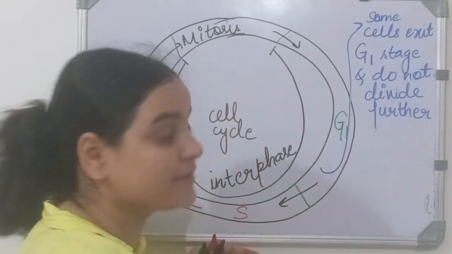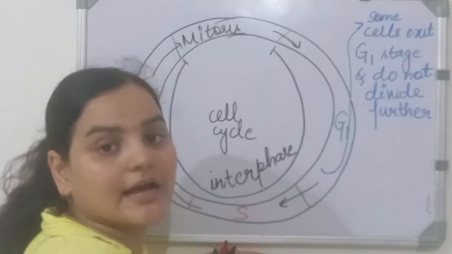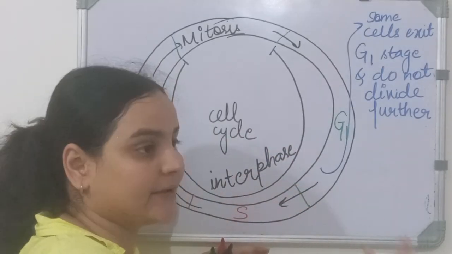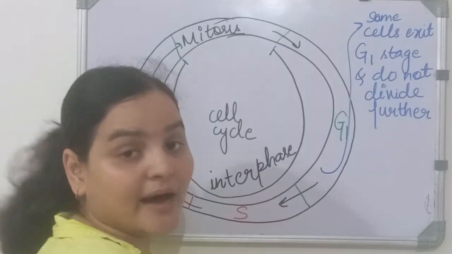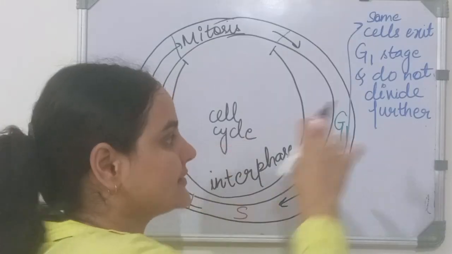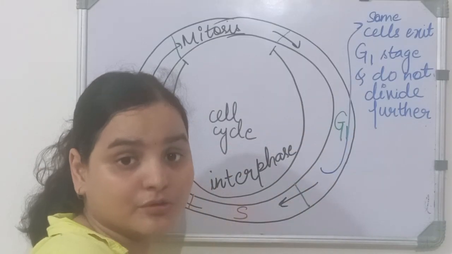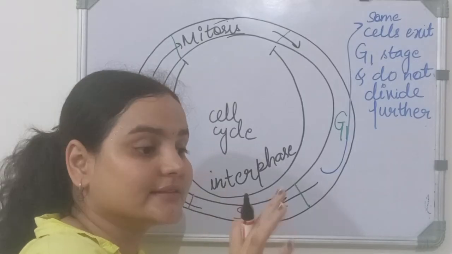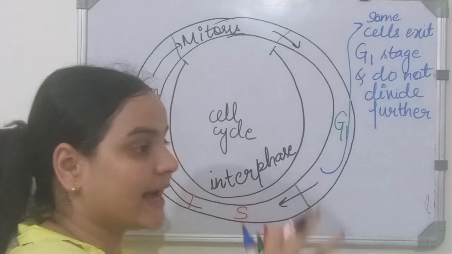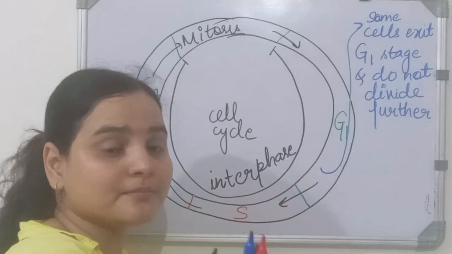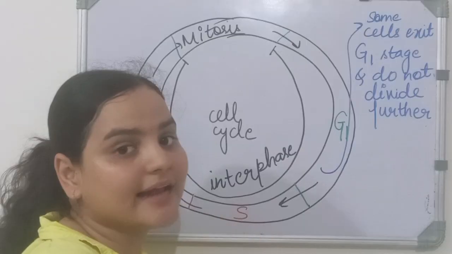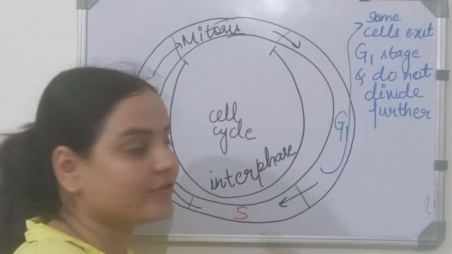Means if they are formed once, they will not divide during their entire lifetime. Okay, so examples of these cells are our nerve cells, our neurons and the brain cells. They are formed at the time of birth only, inside our mother's womb. Okay, so if they are formed, in the entire lifetime they will not divide further.